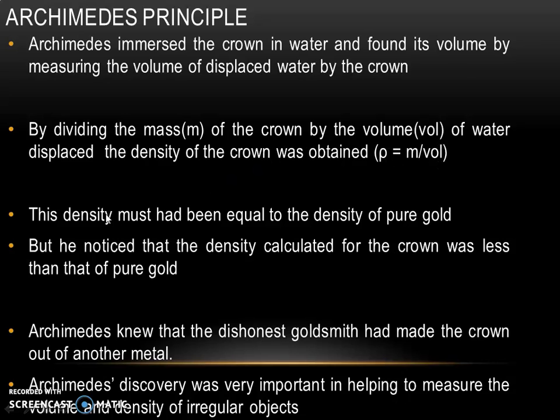This density must have been equal to the density of pure gold, but he noticed that the density calculated for the crown was less than that of pure gold. So Archimedes knew that the dishonest goldsmith had made the crown out of another metal. Hence, his discovery was very important in helping to measure the volume and density of irregular objects.